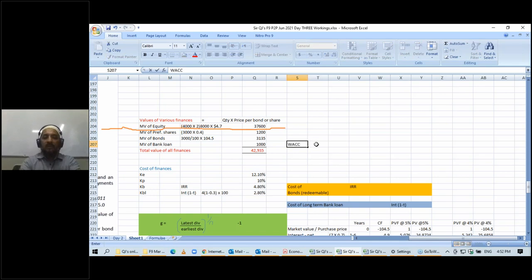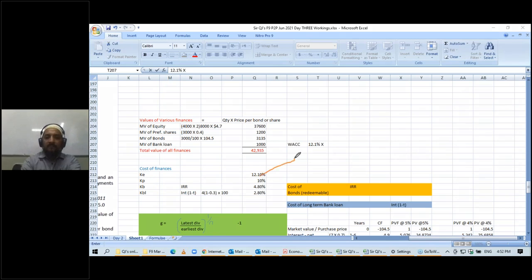So our weighted average cost of capital is as follows. First, there are 4 items, right? What I have to do is multiply each item one by one. 12.1% multiplied by the value of the equity. 12.1% is the cost of equity.